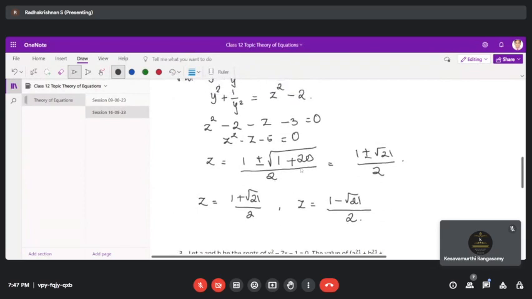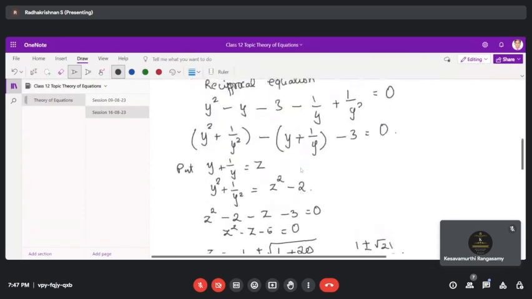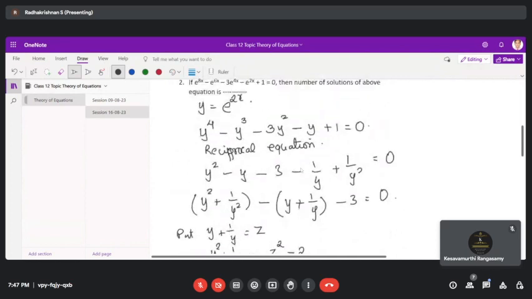What else do you see about this equation? Looking at y equal to e power 2x, what can we say about y?